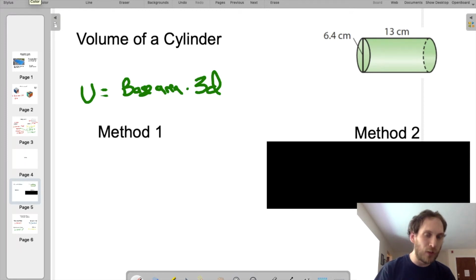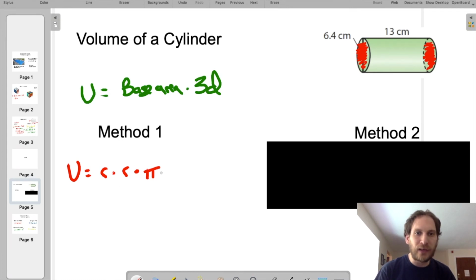Now, the problem, though, is that we are dealing with a circle, okay, for our base. So right here or right here will be our face, our front face or our back face. So the area of a circle, though, is radius times pi.